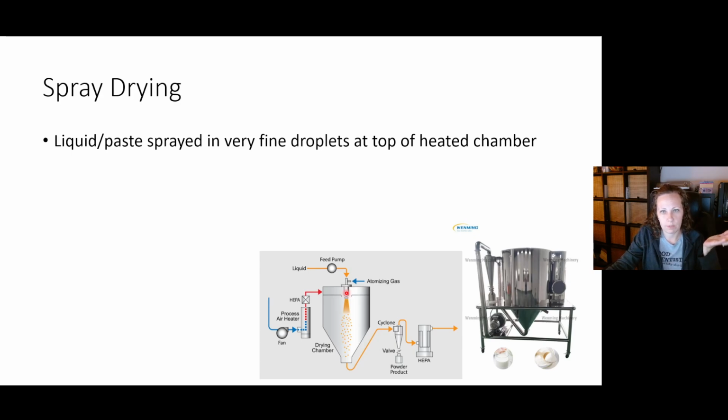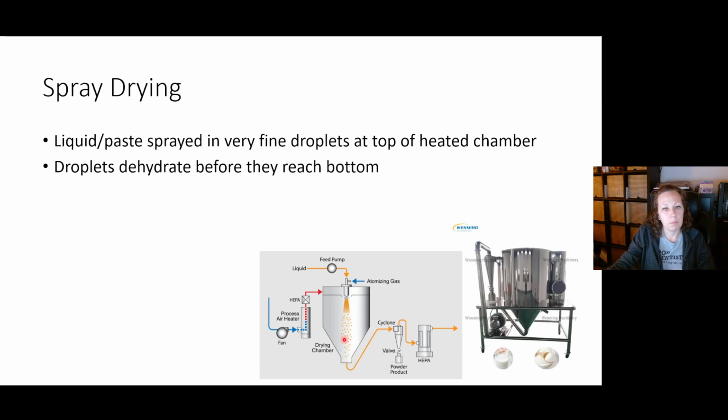Now, it's not actually as small as a single atom, each droplet, but it makes the droplets extremely, extremely small, which means that they have a great amount of surface area to volume ratio. And by the time the droplets reach the bottom of this chamber, all of the moisture has left the droplet.